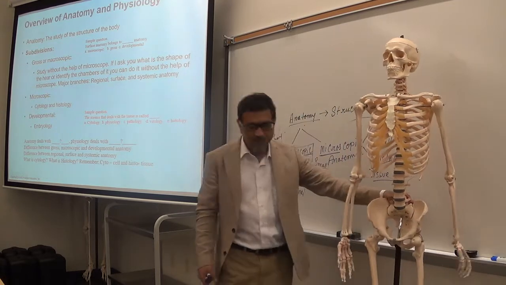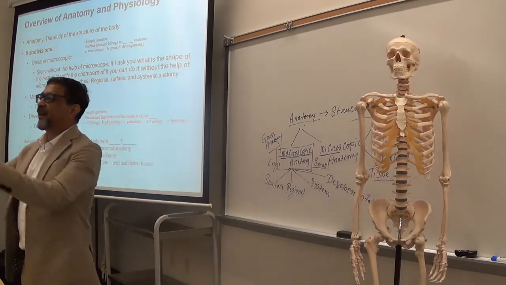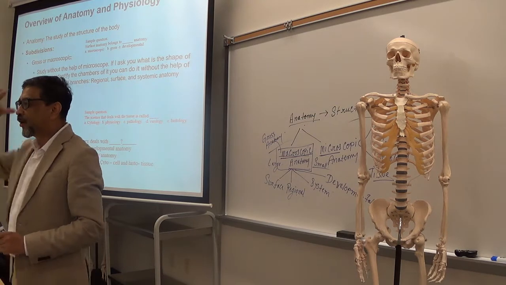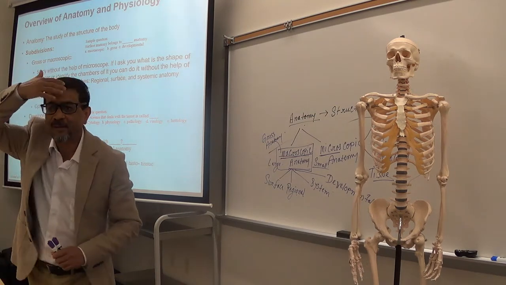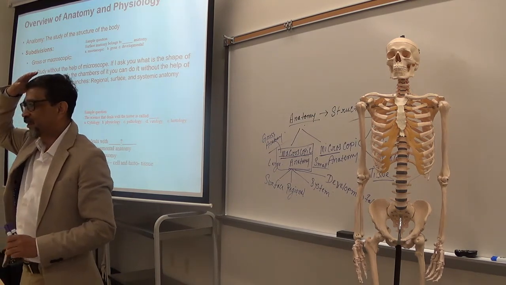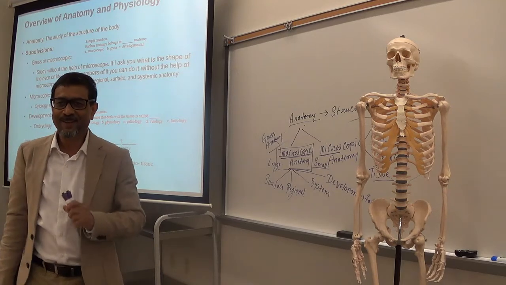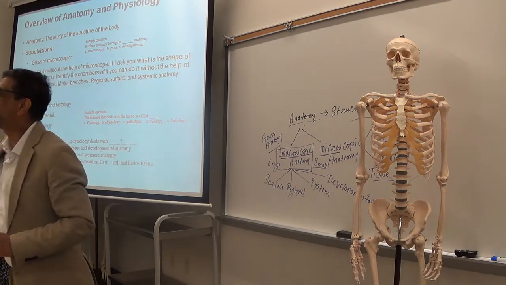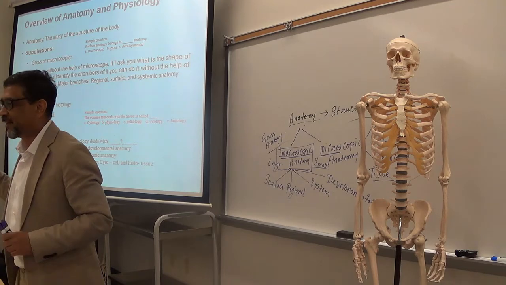Regional anatomy. You know, if any anatomist decides that I will only study the head and neck part of the body, I don't care about other parts of the body, okay? That is called head and neck anatomy. Make sense?